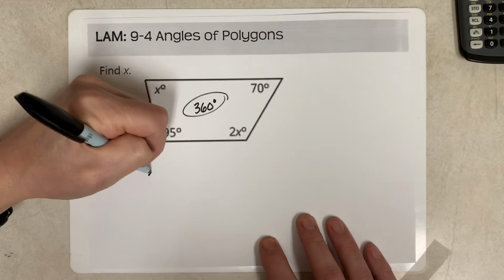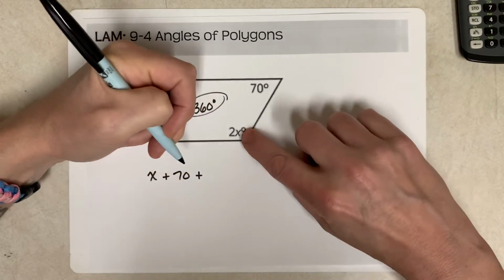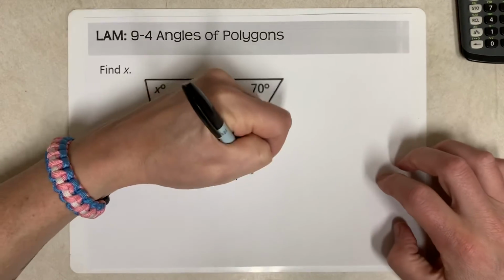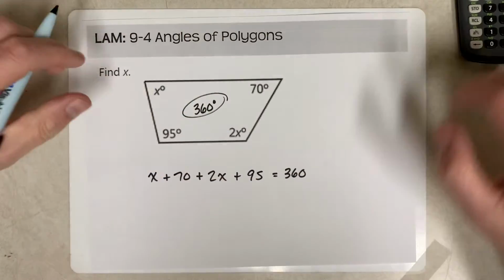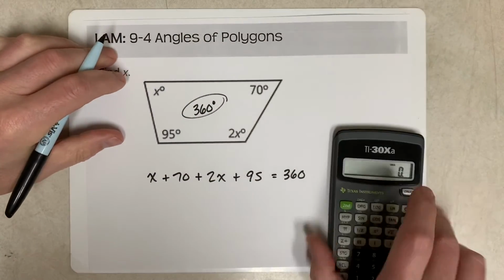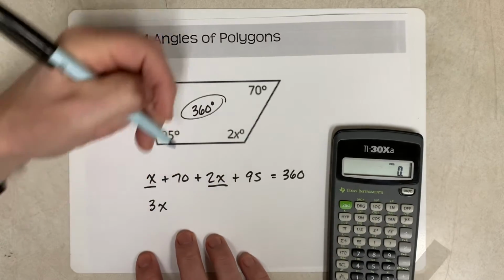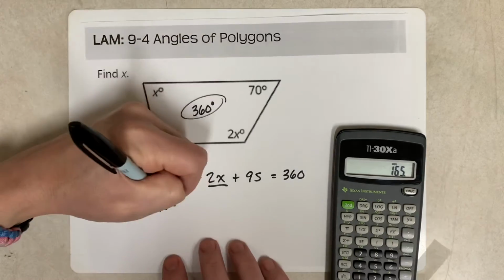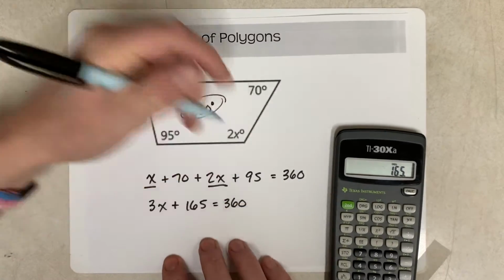So x plus 70 plus 2x plus 95 equals 360. All right. So now let's combine some like terms. x and 2x make 3x. What's 70 plus 95? That's going to be 165, equals 360.